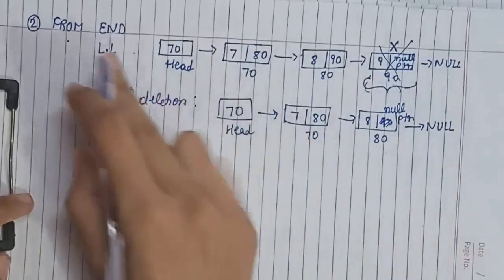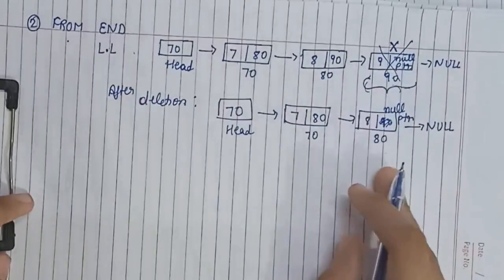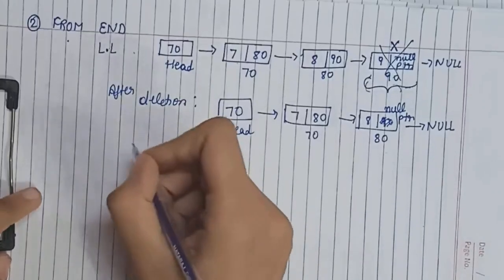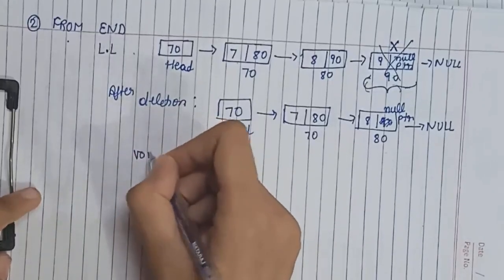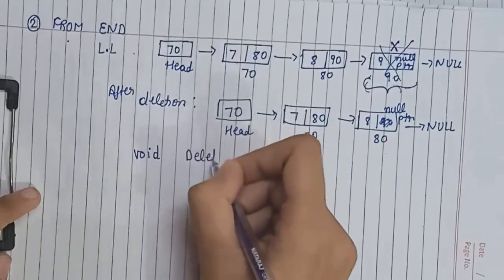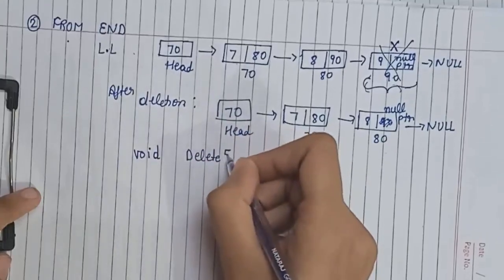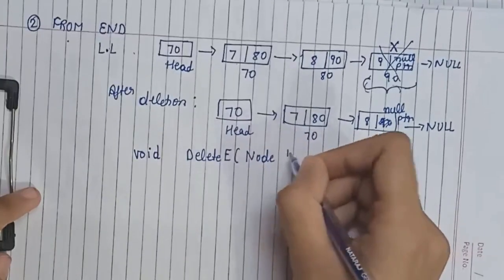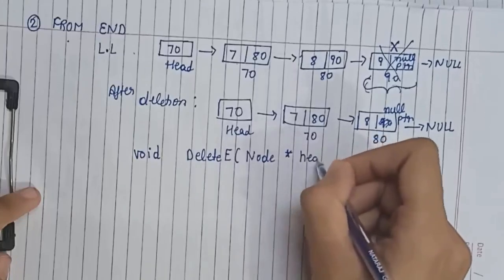So now how will we perform this particular task in our code? Let me first tell you that we will also make another function for this. The name of this function will be delete end, and the parameter of this function will be node star head.